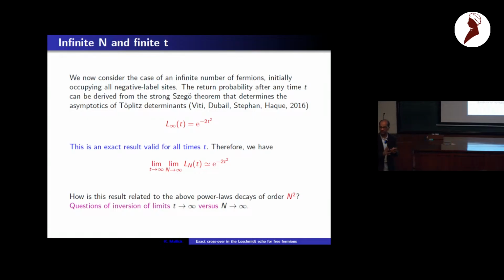There's a problem of inversion of limits. And you can obtain the result by using a nice mathematical result from maybe the beginning or the middle of the 20th century due to Szegő, which is a general result for computing large size determinants of Toeplitz matrices. Maybe in the end I will tell you how this comes from.